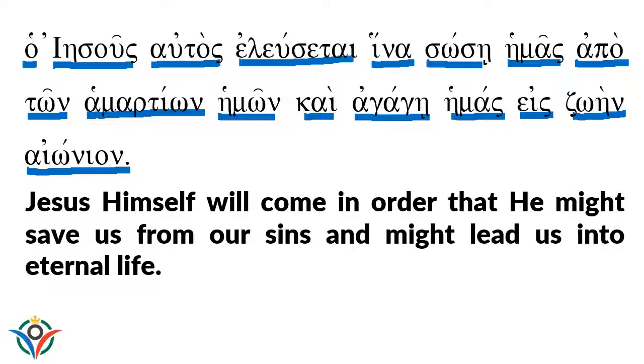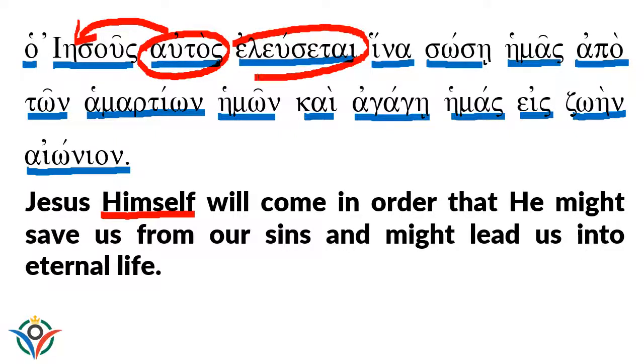So let's make some observations here. Now, the first one is regarding this third person personal pronoun. It agrees with the subject, ha Jesus, in case, gender, number. So it's functioning emphatically. That's why we translate it with the English himself. And then this verb over here, elucitai, can be quite tricky.